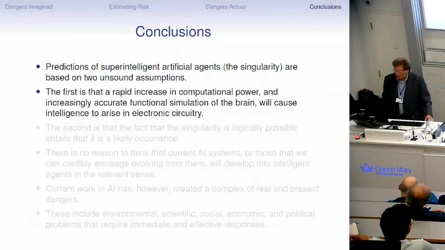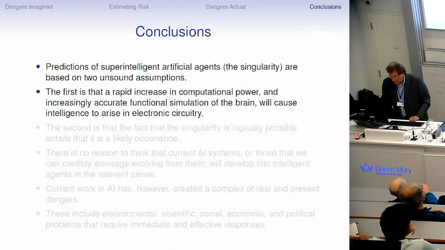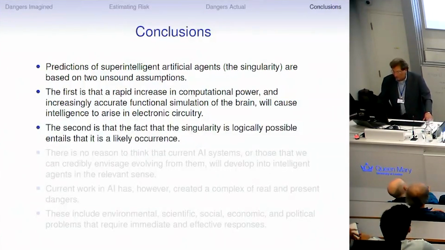The first is that a rapid increase in computational power and increasingly accurate functional simulation of brain activity is going to simply entail intelligence or produce it in electronic circuitry. There's no reason to think that's true. The second is the fact that the singularity is logically possible doesn't entail that it's a likely occurrence, right?